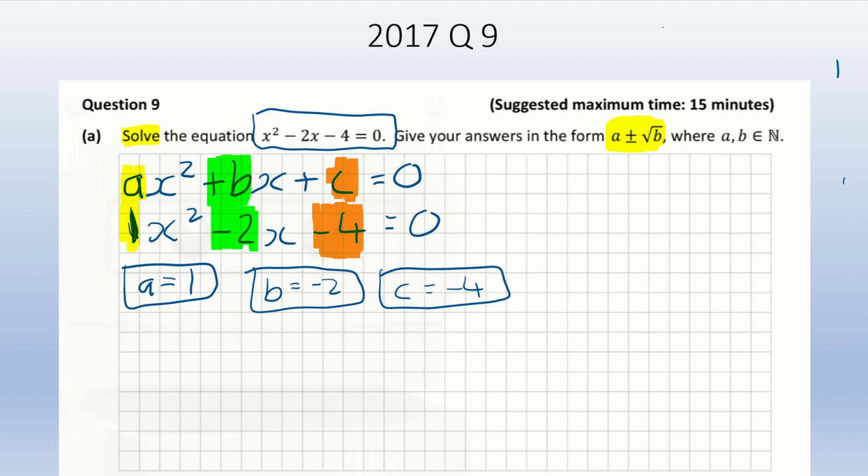Just be careful that your b is minus 2 and your c is minus 4. That minus belongs to the 4, that minus belongs to the 2. If you were to put in 2 and 4 there, you will end up with the wrong answer and you lose quite a lot of marks just for something silly. So try not to do that.